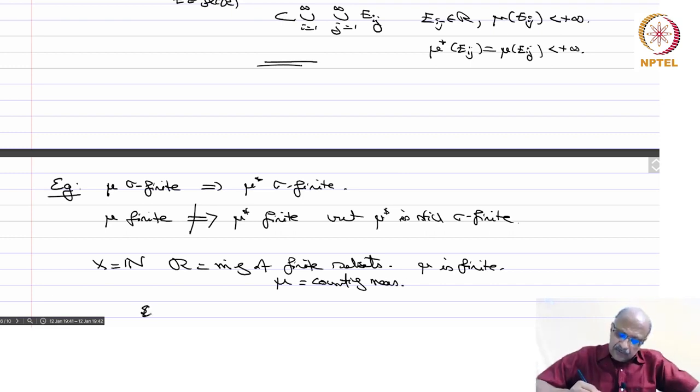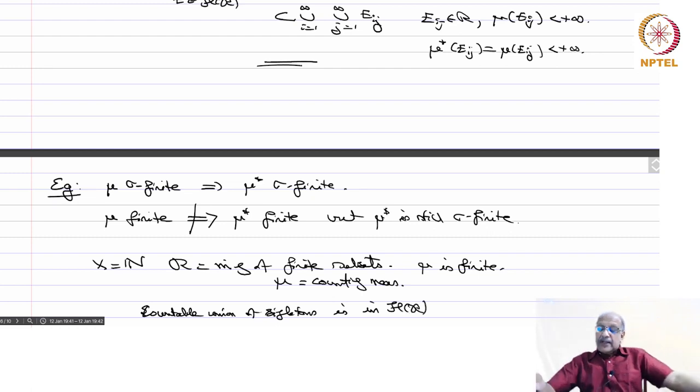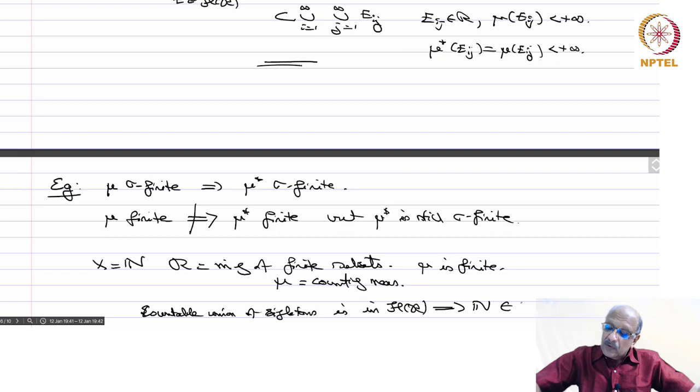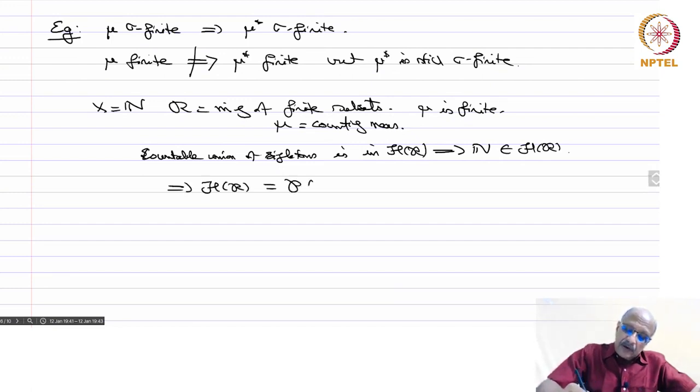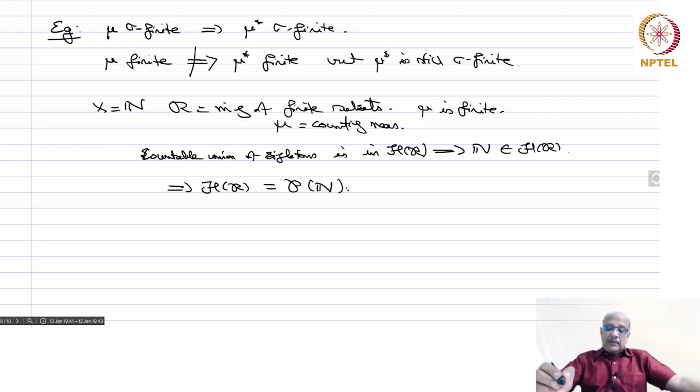A countable union of singletons is in H of R, because H of R is a sigma ring which contains R. Singletons are all in R, therefore any countable set will be a union of singletons. So this implies that N itself belongs to H of R. And it's a hereditary sigma ring, so this implies that H of R is nothing but the power set of N. Every subset will automatically be there.